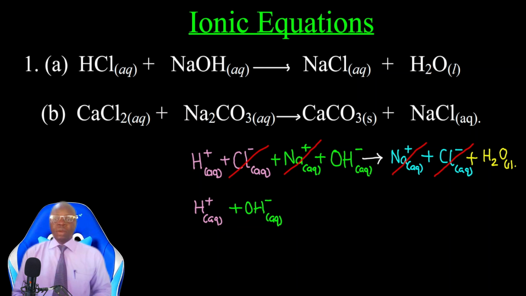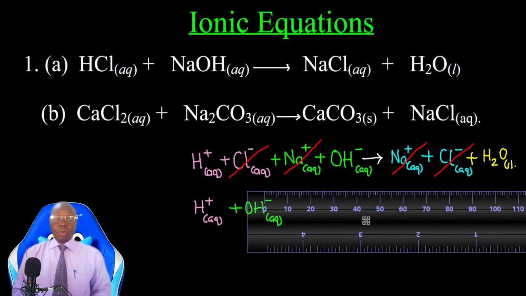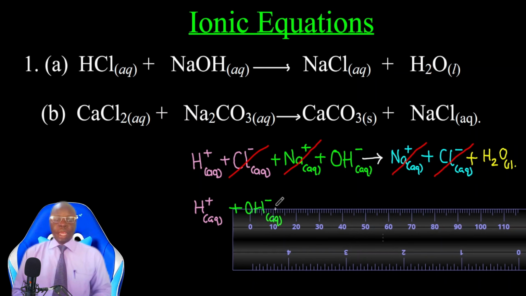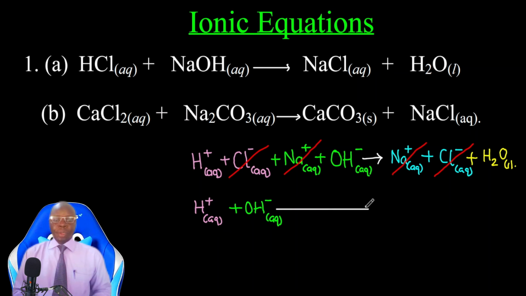So we can also use our arrow here to differentiate the reactant side from the product side. Now from this side we are left with only water, which does not ionize as before.